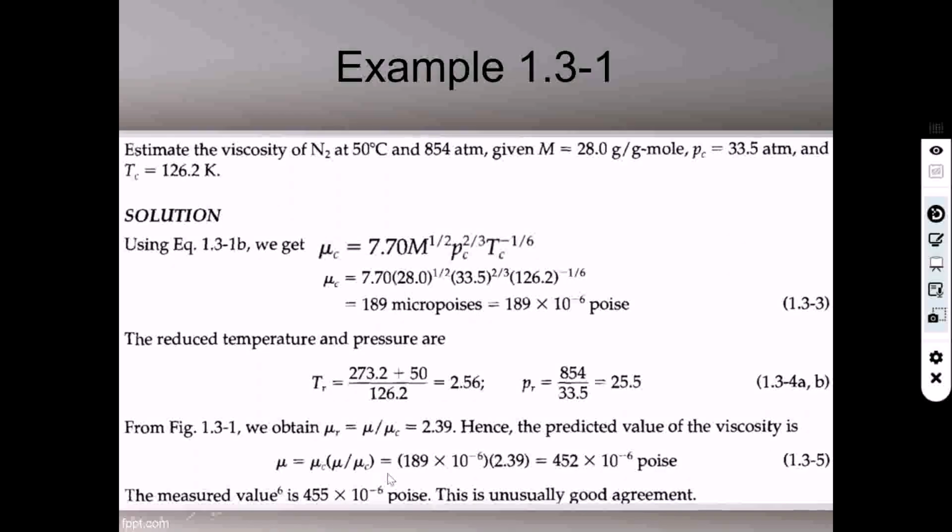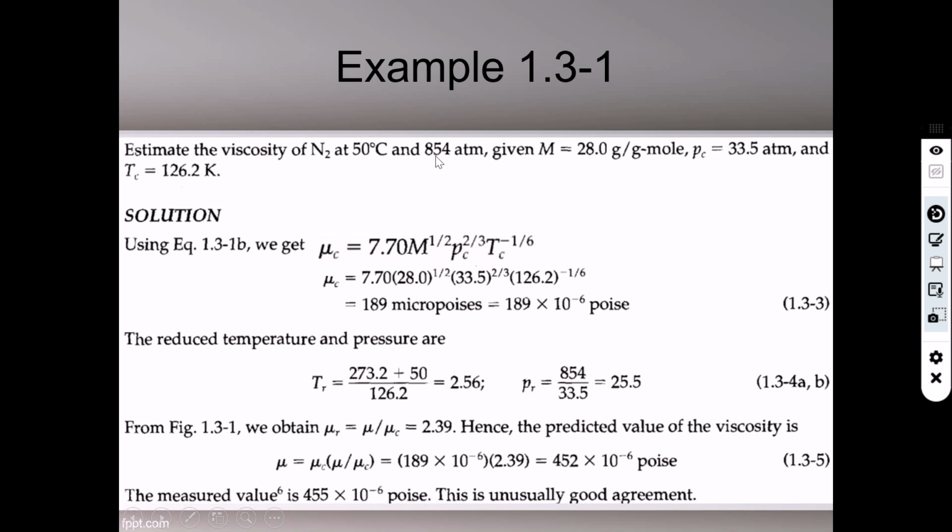So let's do that. TR is the temperature divided by the critical temperature, right? So the temperature given here is 50 degrees, so you have 50 plus 273, so you get K. And TC is given here, so you put TC here, you get TR here.